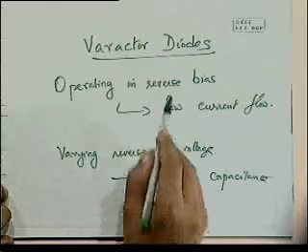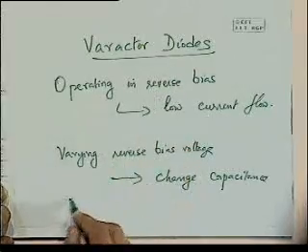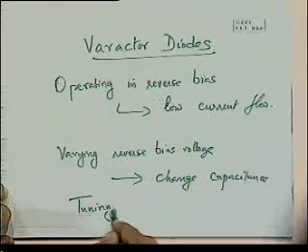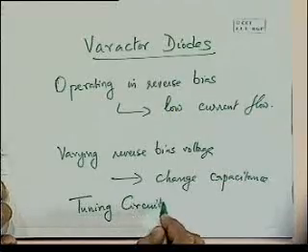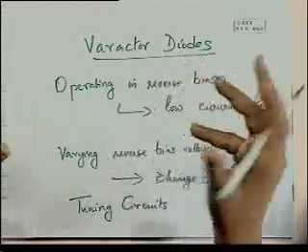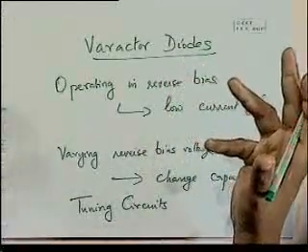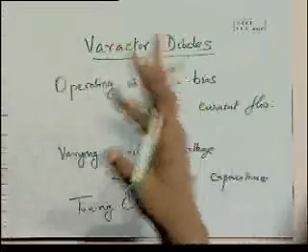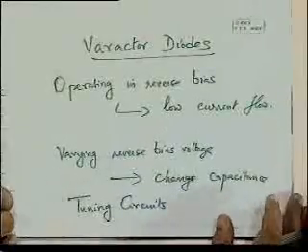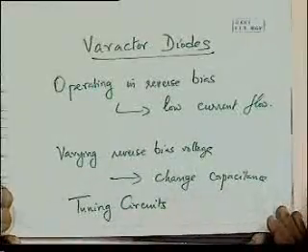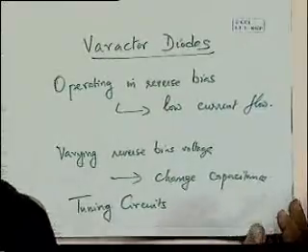What this is made use of in a practical application is, say, in tuning circuits, where I need a variable capacitance to adjust for, say, changes in the load and so on. Simply by varying the voltage across this diode, I get the variable capacitance. And we are operating in reverse bias, so very little current flows through such a device.